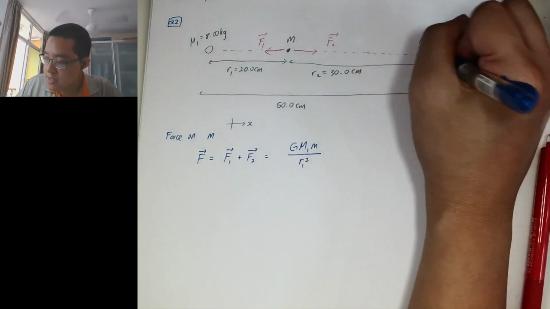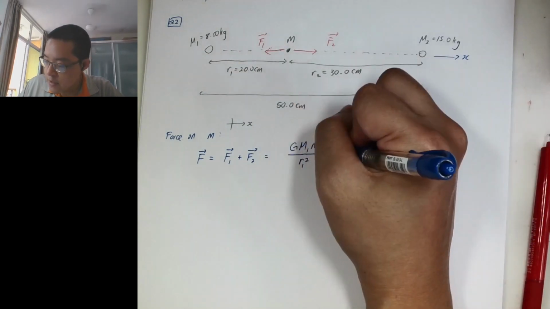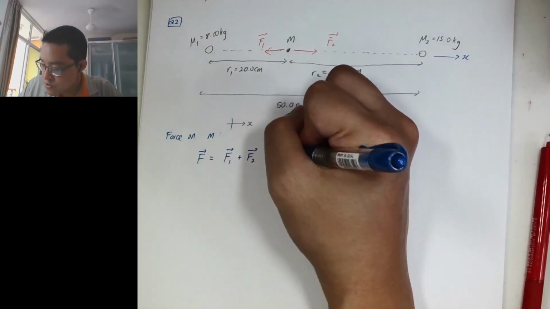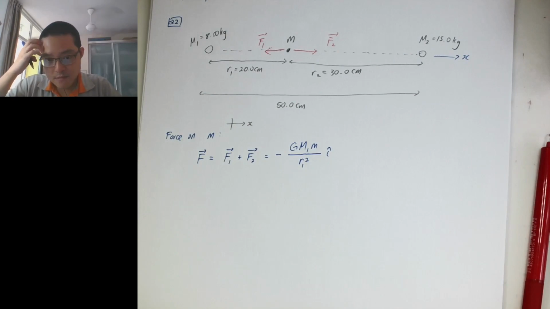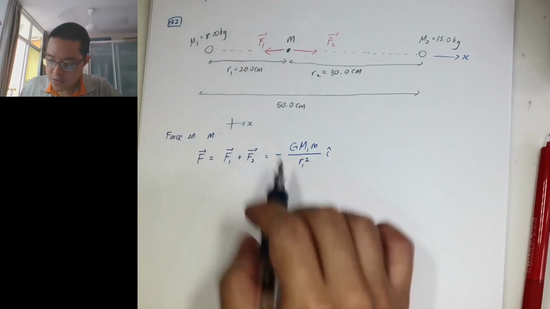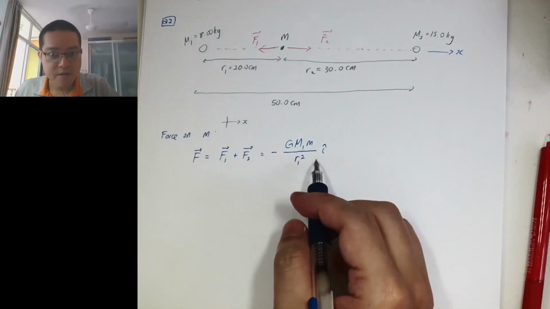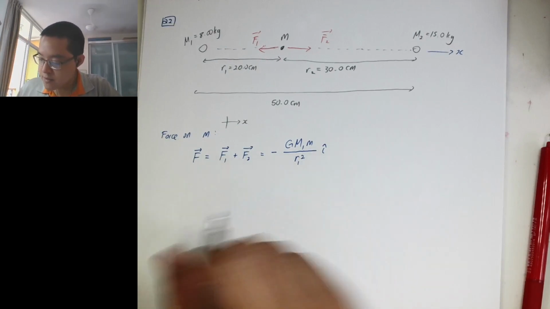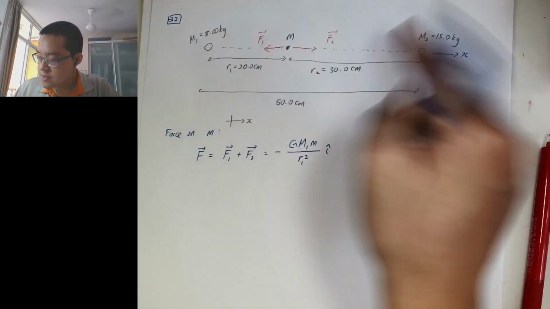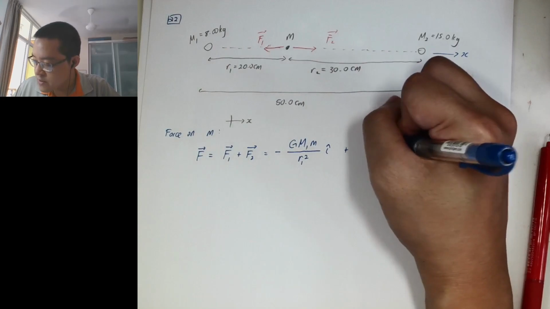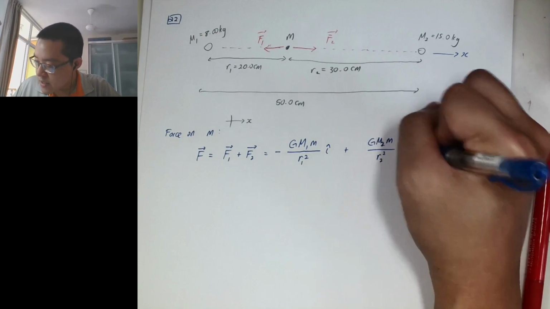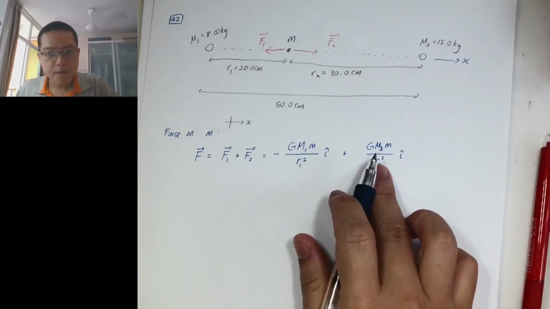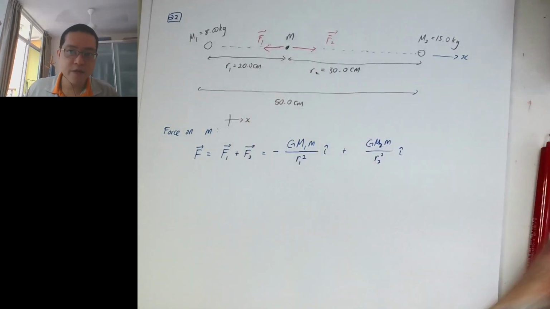If this is along my x-axis, it is in the negative i direction, to the left. Do you agree? So I got this equation. This is F1. How about F2? F2 is to the right, so it should be G m2 m over r2 squared in the i direction. It's positive because it's pulling to the right.